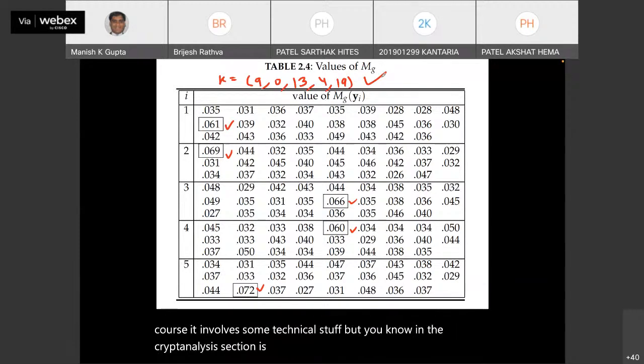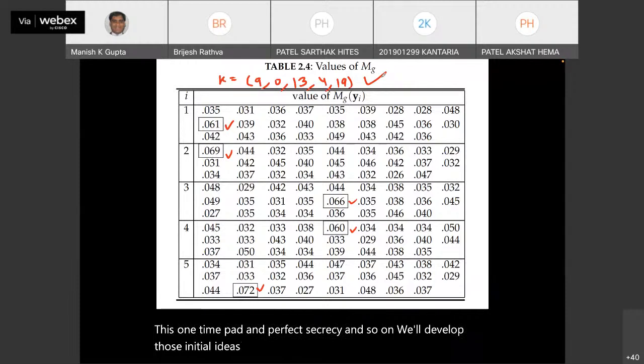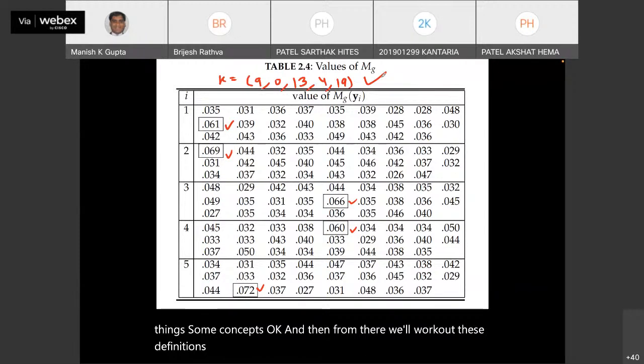In the next class, we'll talk about the one-time pad and perfect secrecy. We'll develop those initial ideas and cover briefly probability and entropy concepts, and then from there we'll work out these definitions.